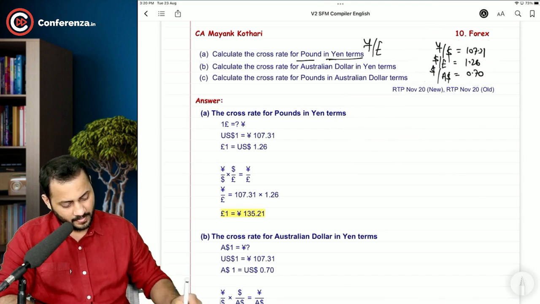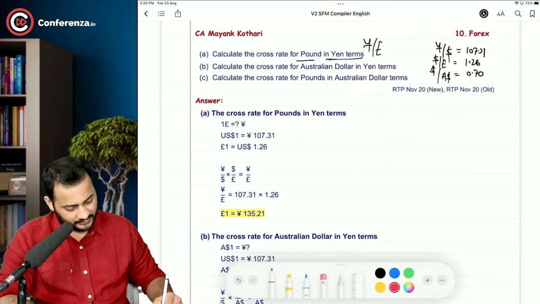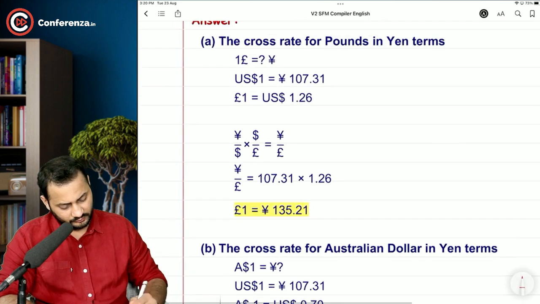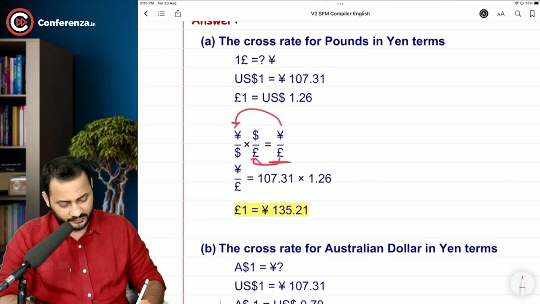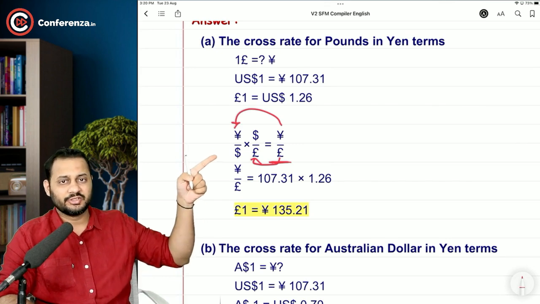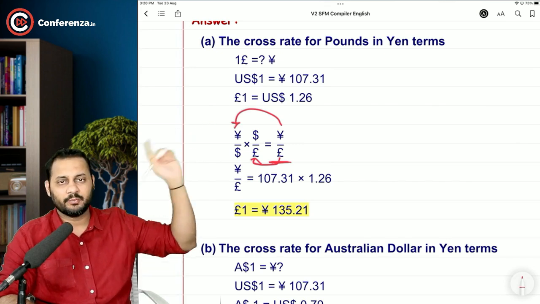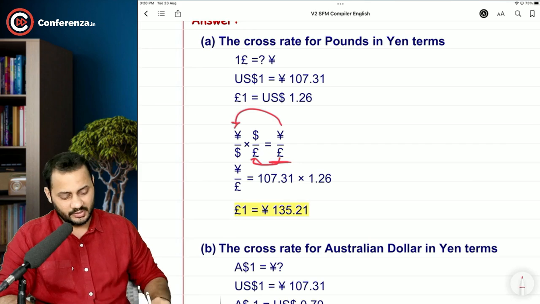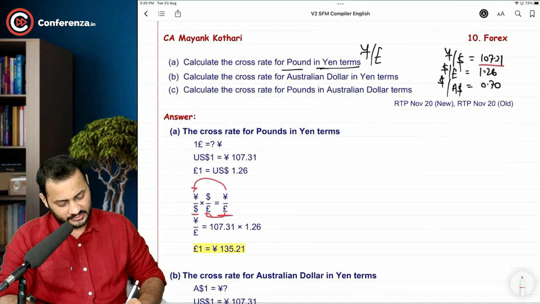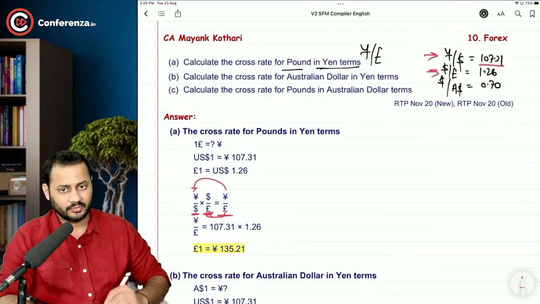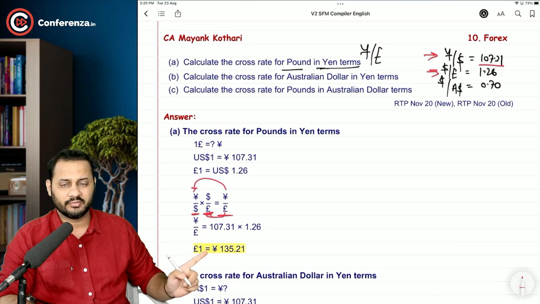Okay, so you can clearly see we want yen per pound, and for that purpose yen has to be the price currency, pound has to be the base currency, and the other currency should be base in one quote and the price in the other quote, which is dollar. And I think the rates are directly given to us. This is yen per dollar, this is yen per dollar, this is dollar per pound, this is dollar per pound. You can simply multiply it to arrive at the figure 135.21 yen per pound.